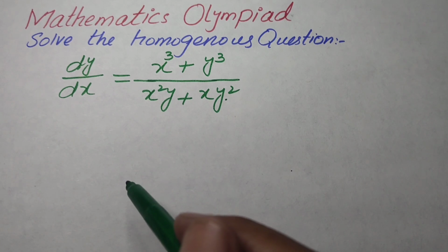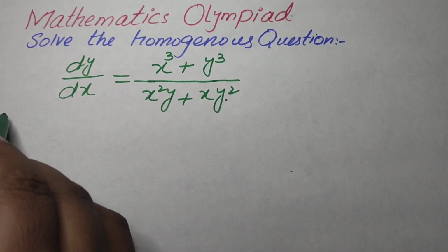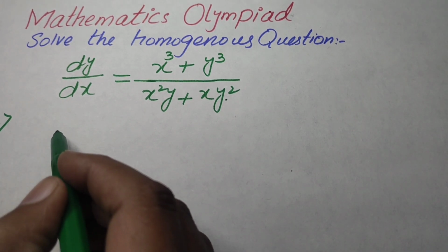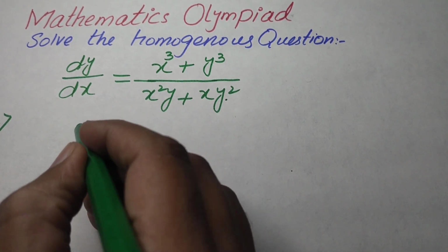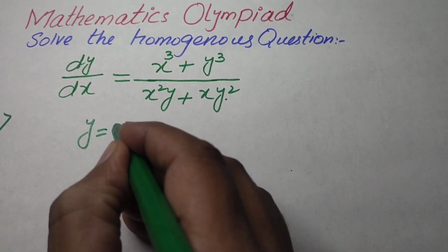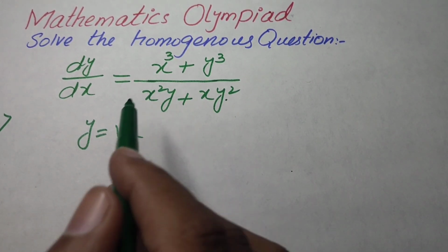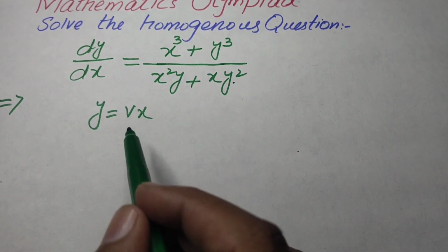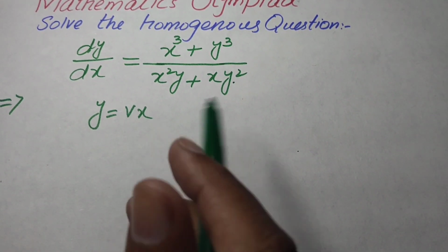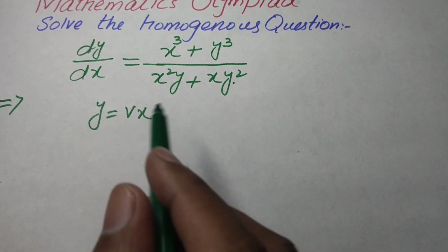In this video I will explain the method by which you will find the solution of a homogeneous differential equation. The very first step is y is equal to vx. We will substitute y is equal to vx in the differential equation.